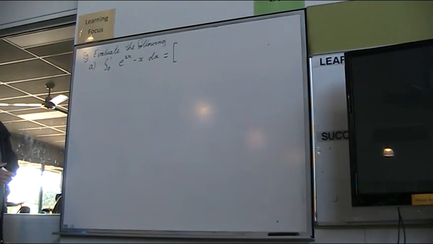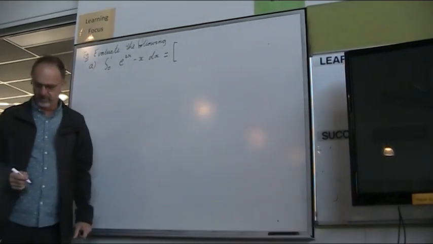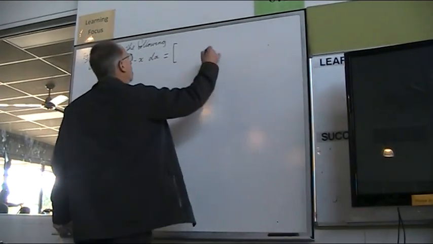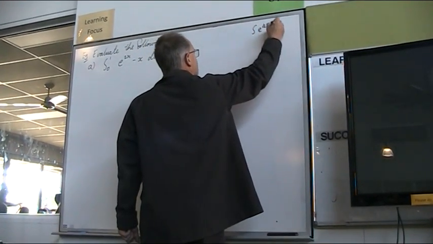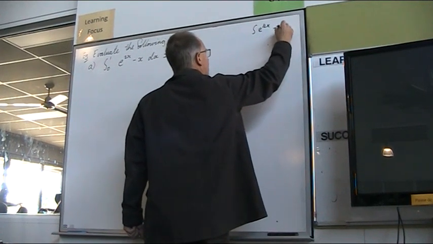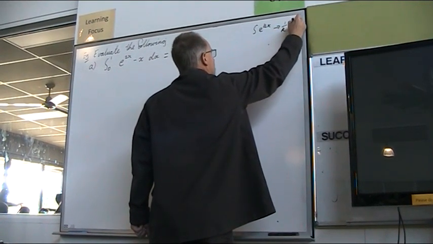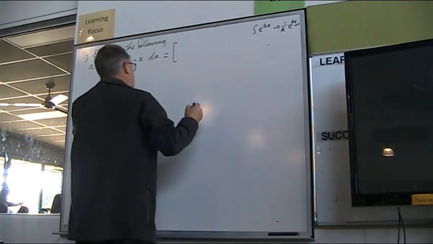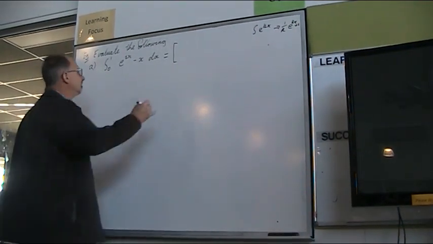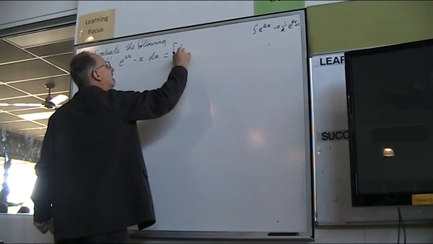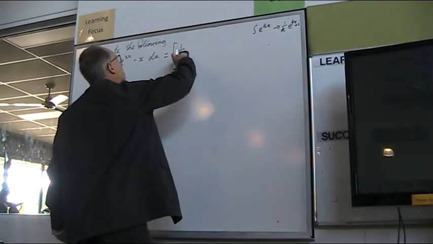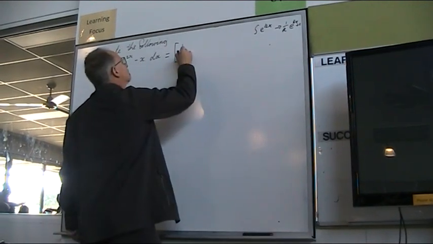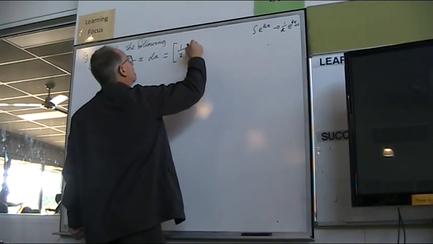So the antiderivative of e to the 2x, when you look at your formula sheet, if we're anti-differentiating e to the kx, it would be 1 on k e to the kx plus some constant. All right? So 1 on, not k, but on 2, e to the 2x.